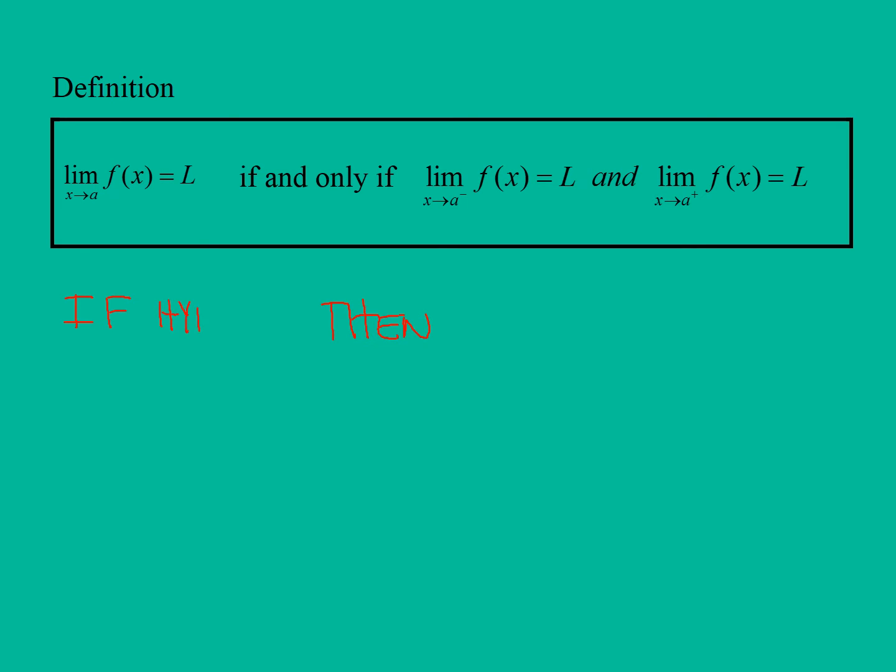You have if, and then you make some hypothesis. Then you make a conclusion. That's an if-then statement. This one says if and only if, which means it's a biconditional statement. That means if I switched the conclusion and the hypothesis, it is still true.